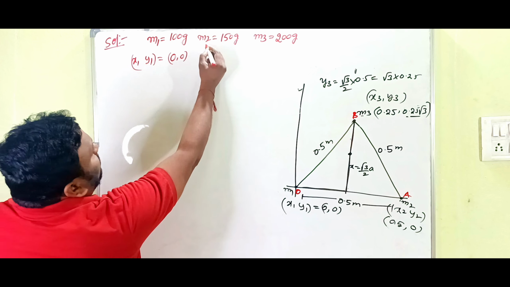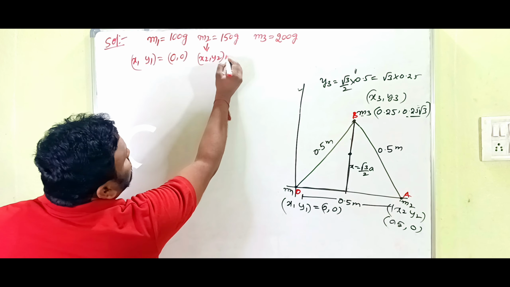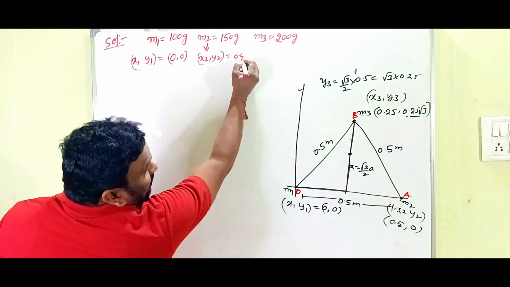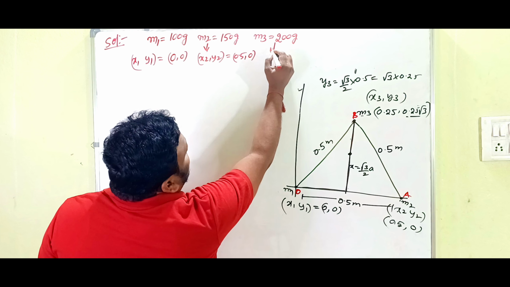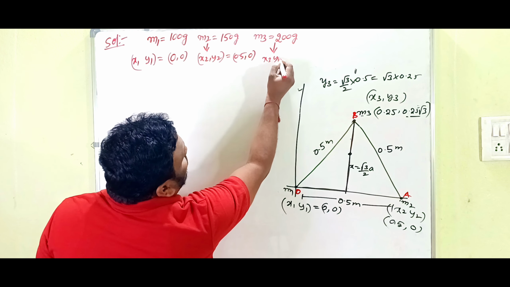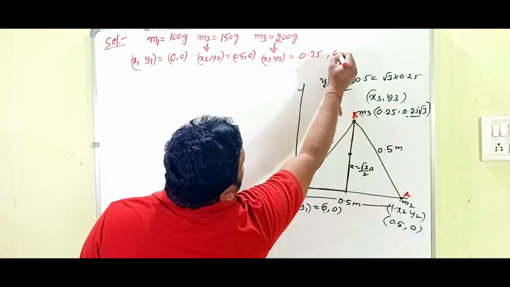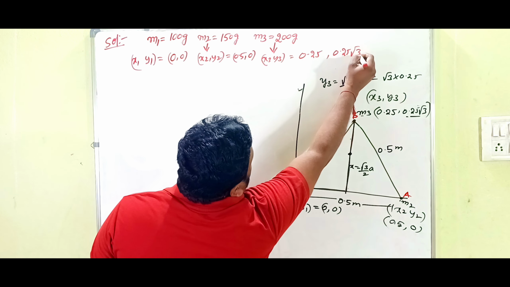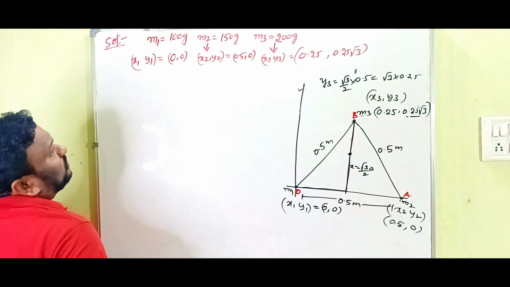Clear? And the position of m2 is given by the coordinates x2, y2. That is 0.5, 0. And similarly the third particle is given by the coordinates x3, y3. That is 0.25 and 0.25 root 3. Clear? So now we can go for the formula.